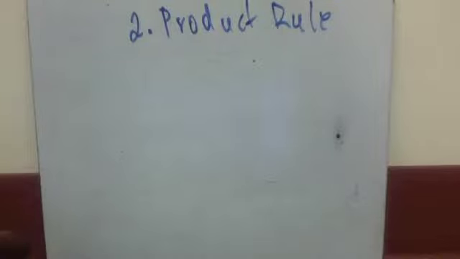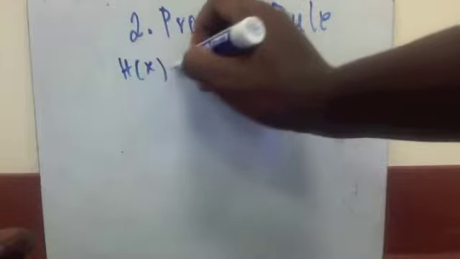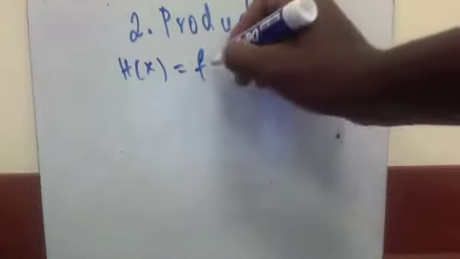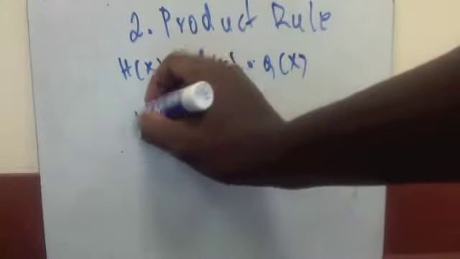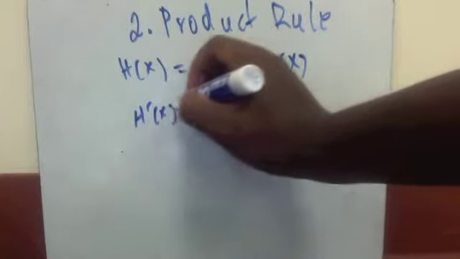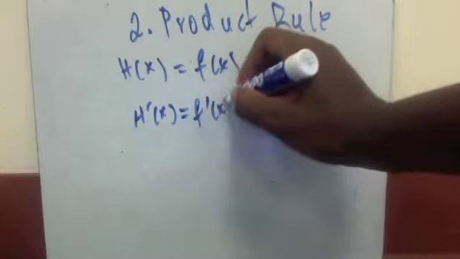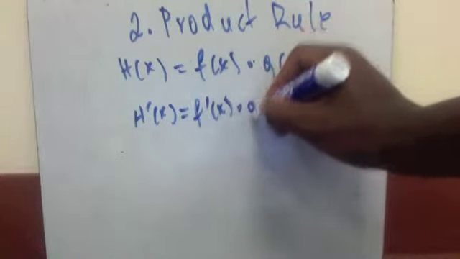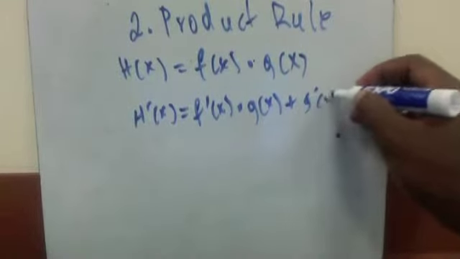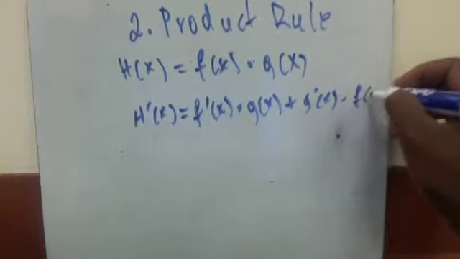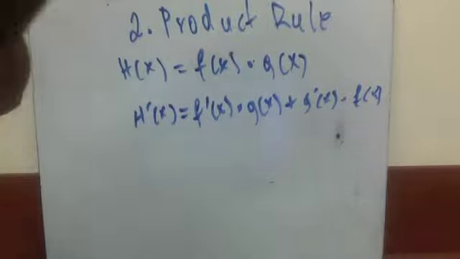The product rule states that if you have a function h of x equal to f of x times g of x, h prime of x, meaning the derivative of h of x, is going to be equal to the derivative of f of x times g of x plus g prime of x times f of x. Simple, right?